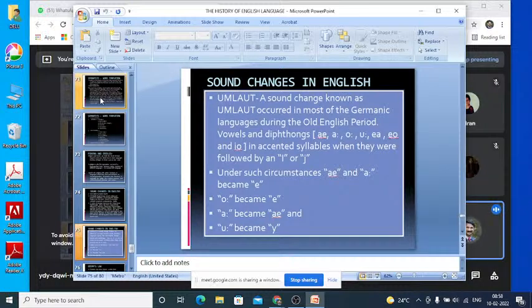Maybe another change that helps us to date a borrowed word is known as palatal diphthongization. What do I mean by this? The tongue is going to the hard palate, and you have the sounds.